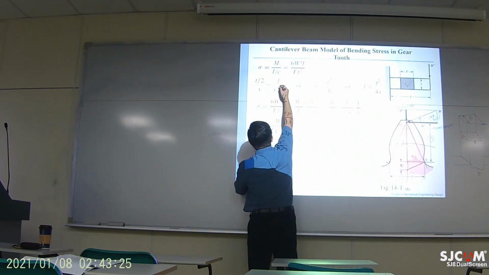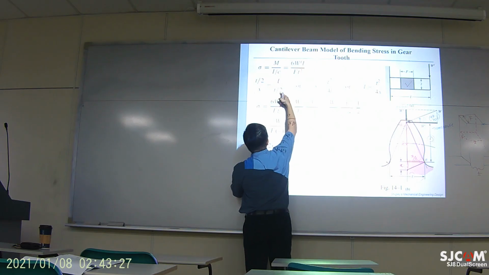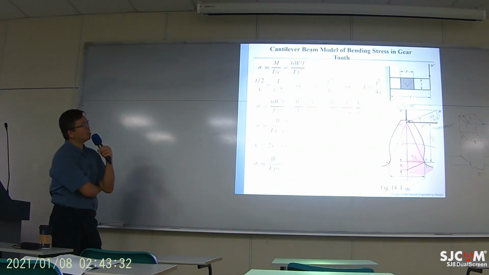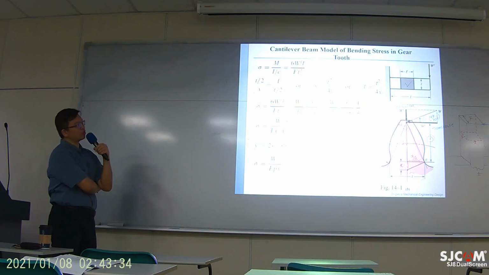So this is not 1, this is L over T over 2. That equation is based on the symmetry of the triangular geometry.